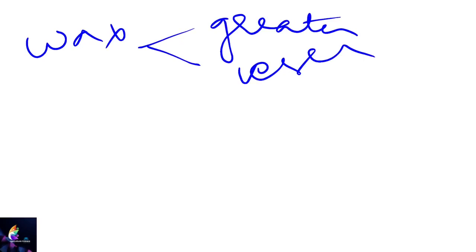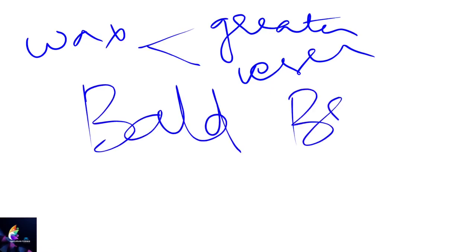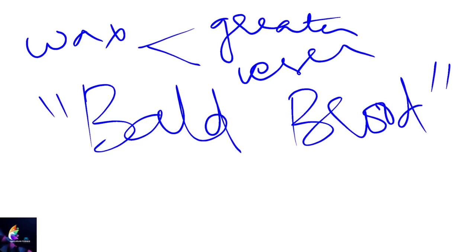And one more thing I want to mention: wax moth will eat the sealed cells, exposing the pupa of the honeybees. This is called bald brood. Bald brood is due to wax moth. Remember this. And then mites are also important pests of honeybee.